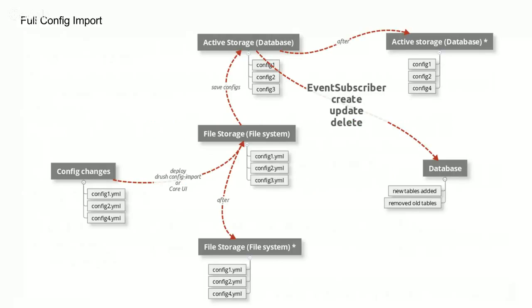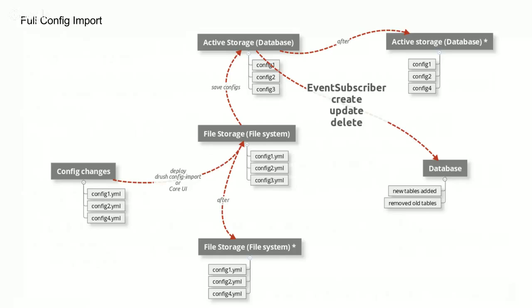Let me show you the whole picture of how the configuration management works and how the config import works in core. That's when you need to import your config changes to the actual active storage, and active storage is the storage of all configs inside the Drupal database. And also there is a file storage.